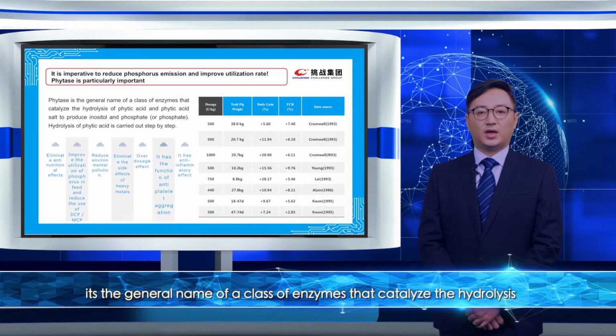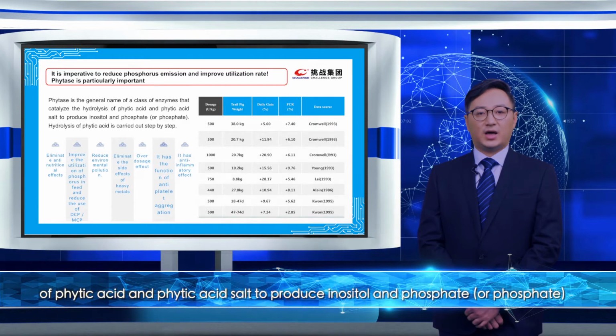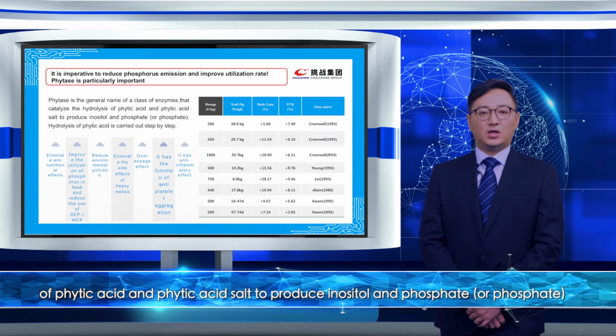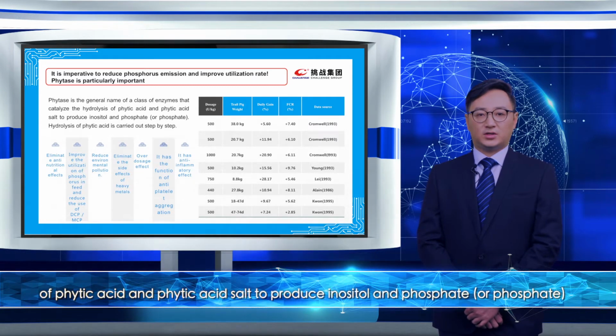It's the general name of a class of enzymes that catalyze the hydrolysis of phytic acid and phytate to produce inositol and phosphate.